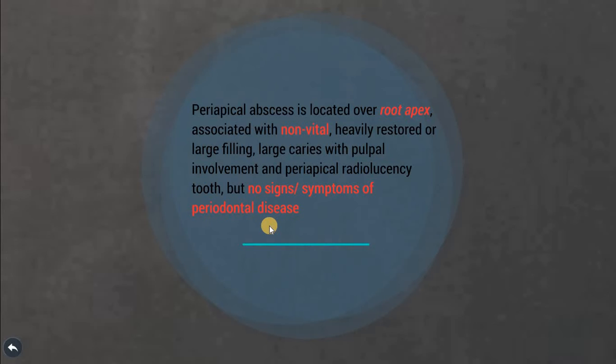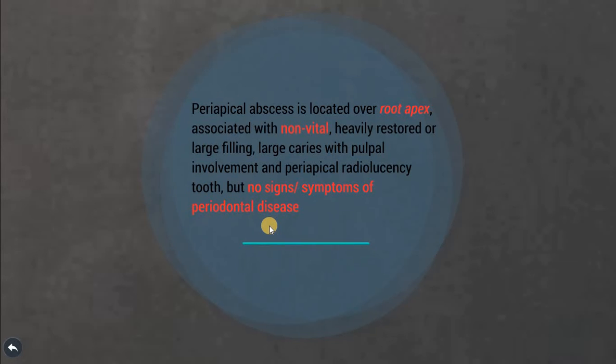While in the case of periapical abscess or pulpal abscess, the abscess is located at the root apex, not in the pocket or on the lateral surface of the root, and the tooth is non-vital, opposite to the periodontal one, which is vital. Most of the time these teeth have a heavy or large filling, a large caries or pulpal involvement, and there are no signs and symptoms of periodontal disease.